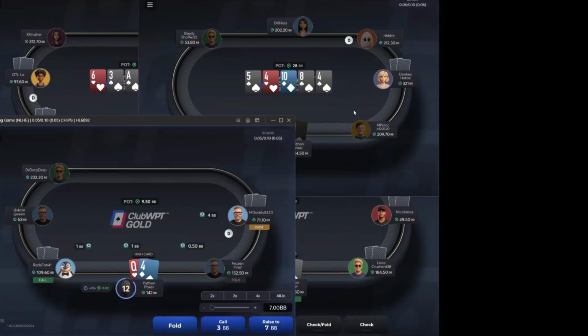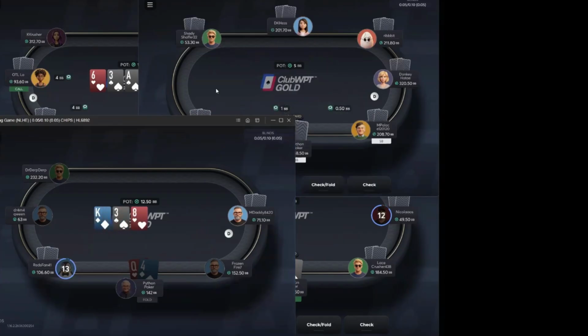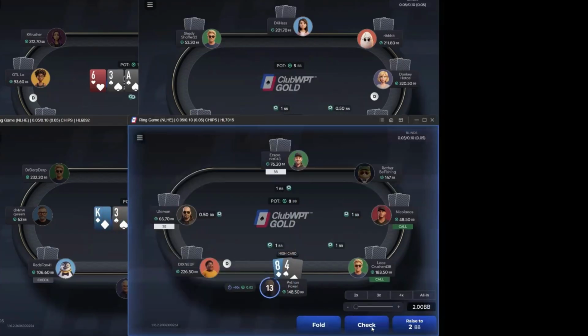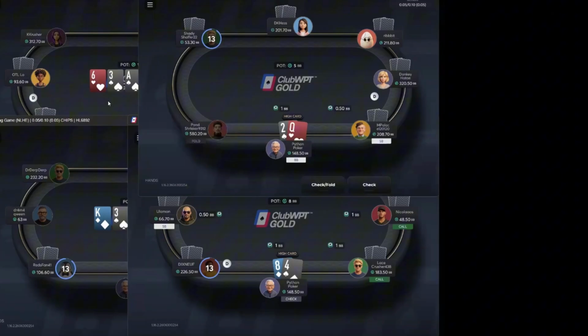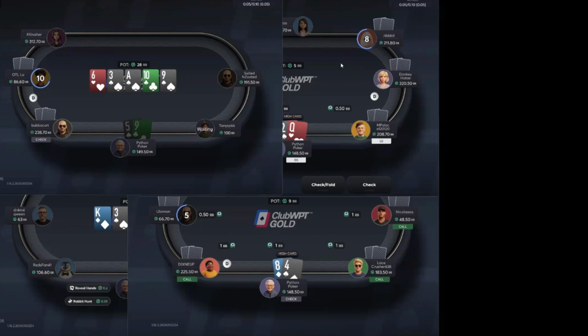A 4 is in their range. And gonna go ahead and get rid of that one. And okay, of course, also the pair that we have isn't the best pair in the world as well, but it looked like they kind of donked for value there. You know, so we're just going to get out of it.